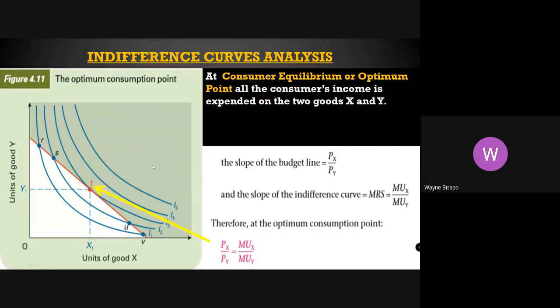And at that point there, at consumer equilibrium or optimum point, all of the consumer's income is expended on the two goods X and Y. So we've used up all our income.